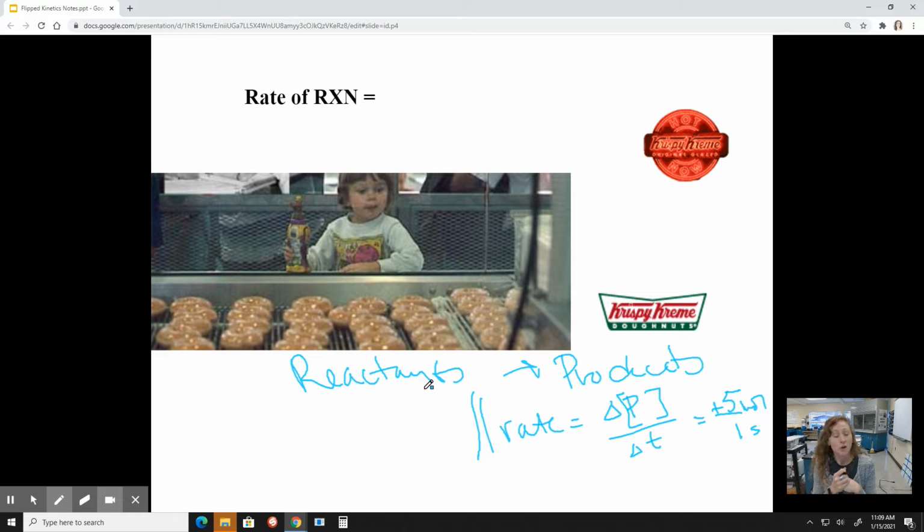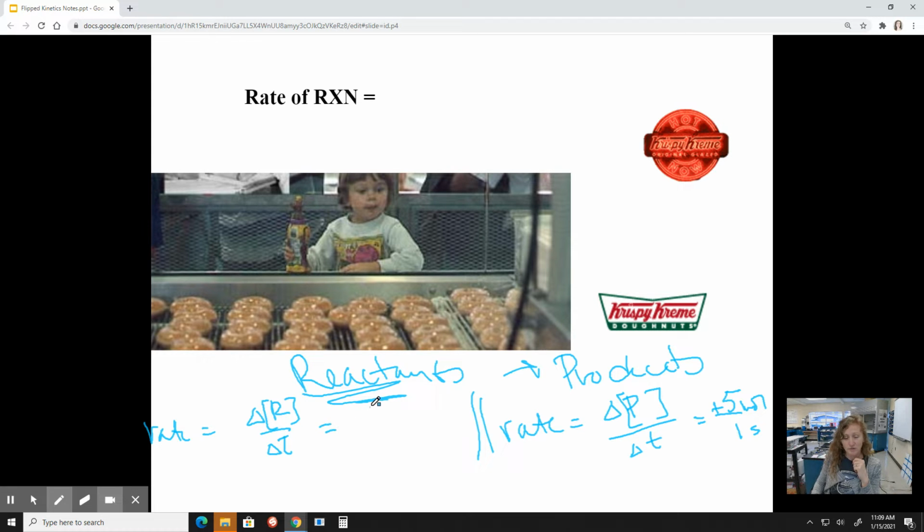The Krispy Kreme donut factory is concerned about how fast they're selling donuts or how fast donuts are being consumed, we can look at rate in this way for a chemical reaction as well. So that would pertain to the reactants, right? So rate could be defined as the change in reactants over a change in time. Again, we're probably going to look at this in terms of concentration.